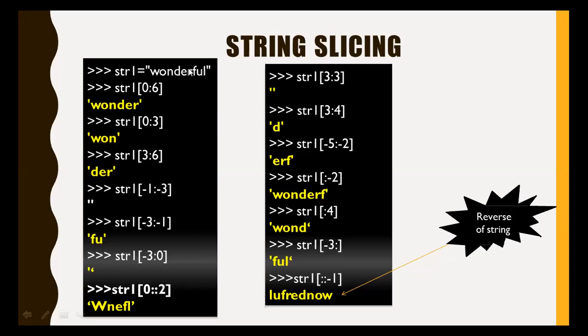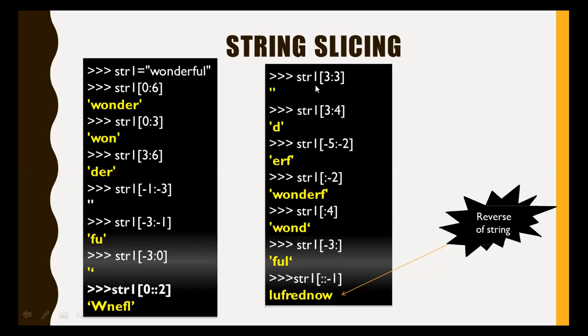Now R will be skipped, F will be printed. Now U will be skipped and L will be printed. In between, one character you have to skip, means from the second position you have to remove from the string, and after the second position that will be displayed.